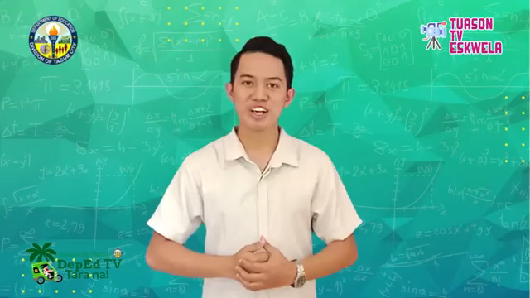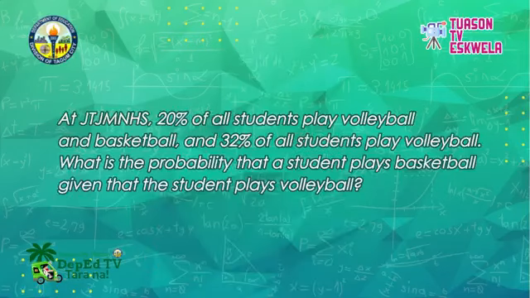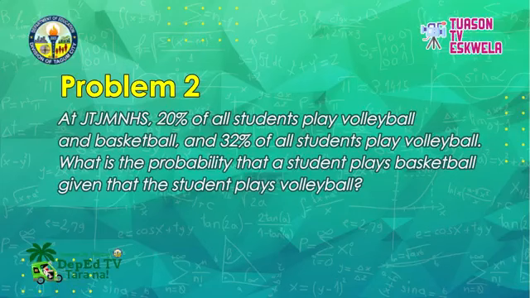Let's proceed to question number 2. At JTJ-MNHS, 20% of all students play volleyball and basketball, and 32% of all students play volleyball. What is the probability that a student plays basketball, given that the student plays volleyball?